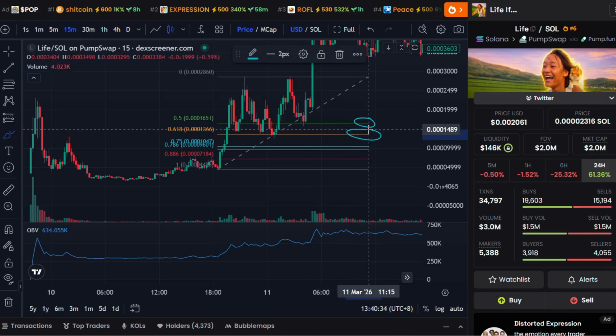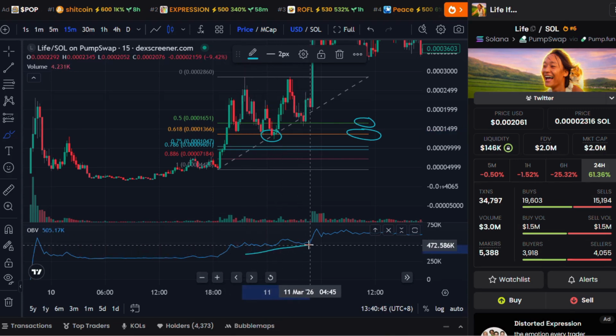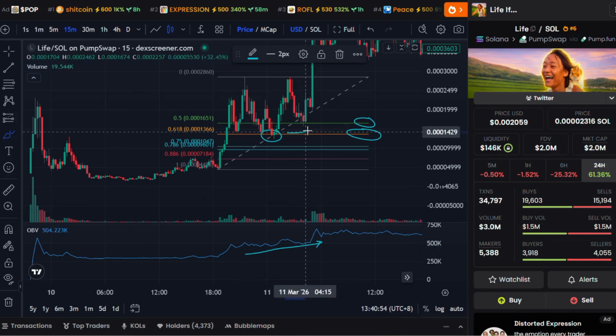At this point, we begin seeing the OBV indicator increase. This is a critical signal. It tells us buyers are stepping back into the market. When price holds support inside the golden pocket and OBV begins rising, it usually indicates accumulation is taking place.